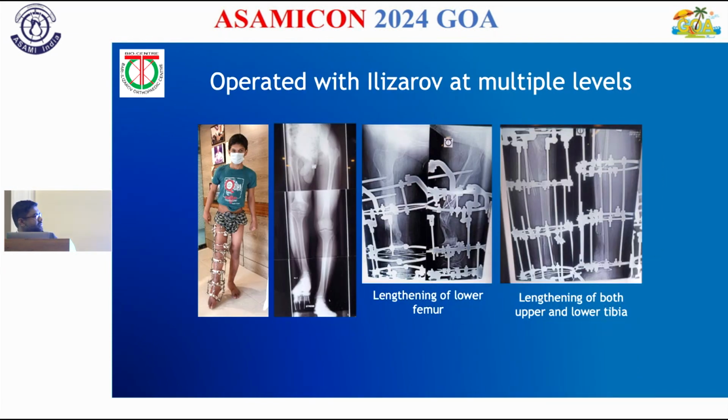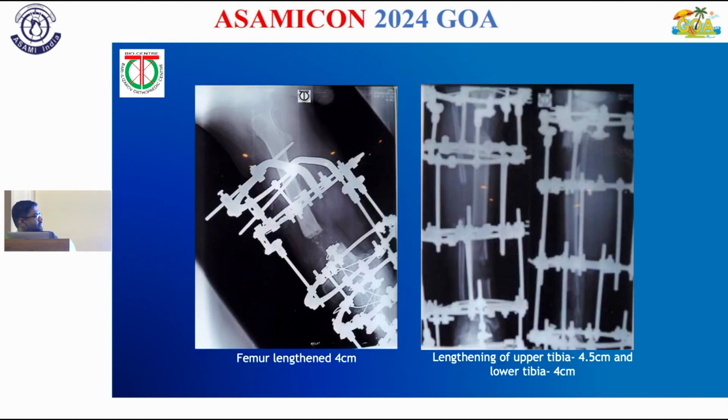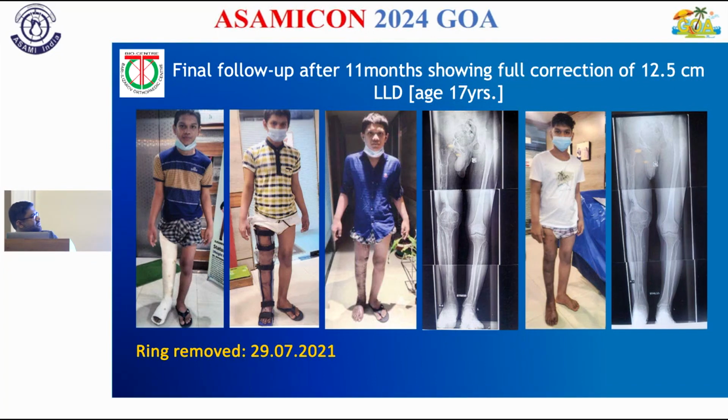We went for femoral lengthening and bifocal tibial lengthening. And we lengthened 4 centimeters from the femur and 4.5, that's 8.5 centimeters, from the tibia. And this is at the age of 17 with full correction of his limb length discrepancy.